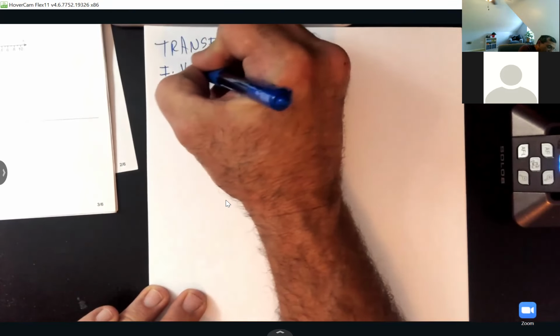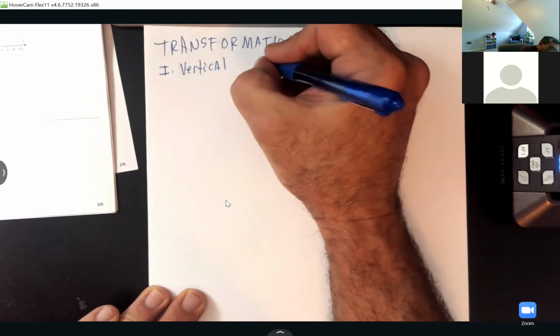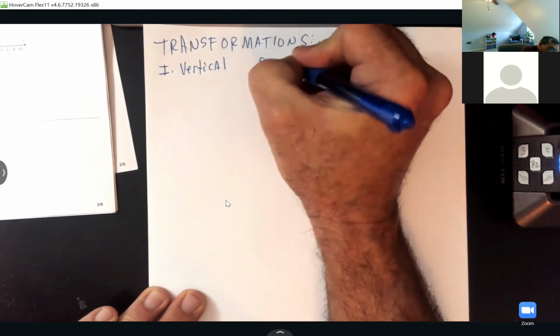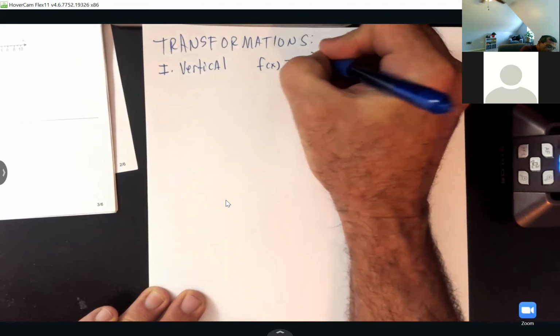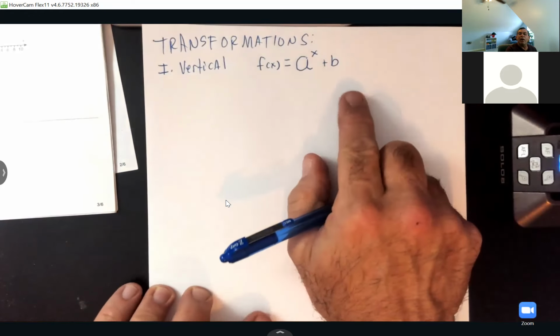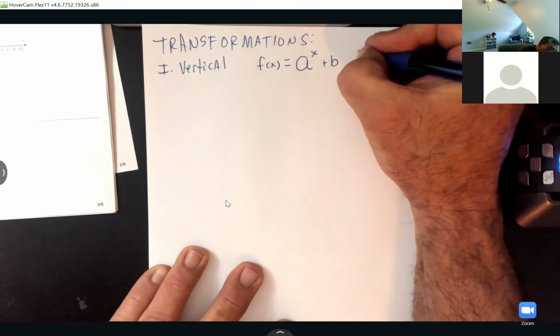All right, first one is still the same, vertical. So those would look like f of x equals a to the x plus b. So they're adding a number at the end of our function.